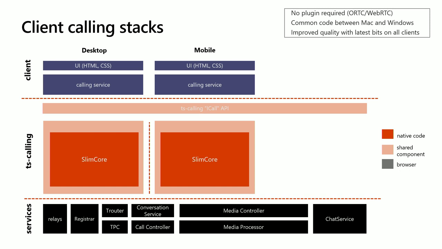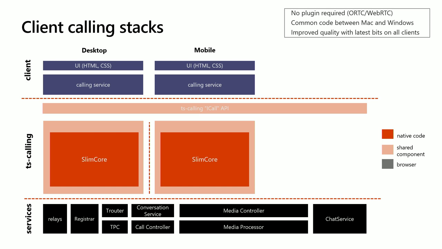The API doesn't matter too much other than it abstracts out the details of what happens beneath. The actual bits, C++ or Objective-C or Java or whatever, are in a library called SlimCore, and that's what actually talks to the services down below.